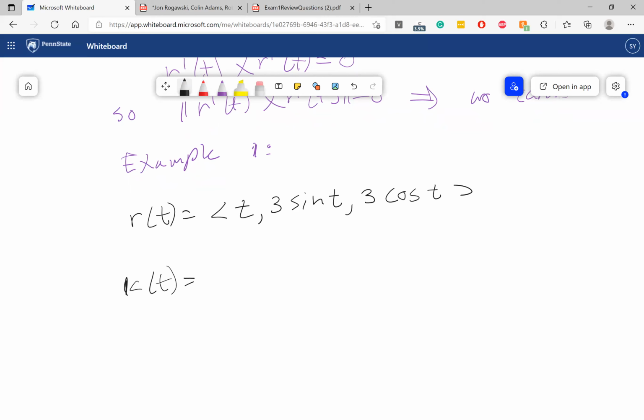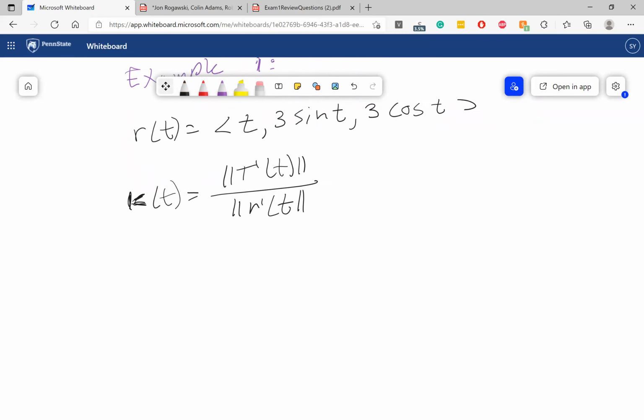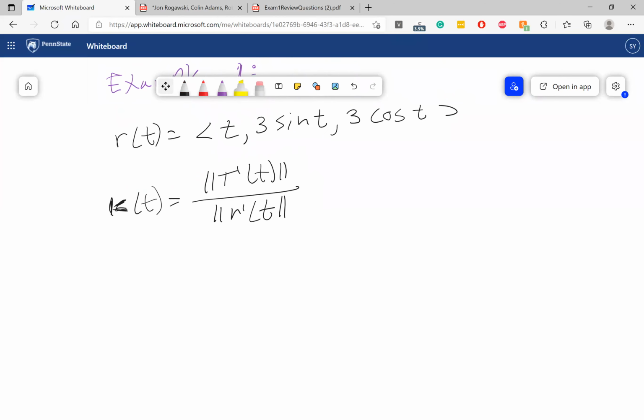So using the first formula, we know that this is going to be the magnitude of T prime of t over the magnitude of r prime of t. So let's first try to find r prime of t.